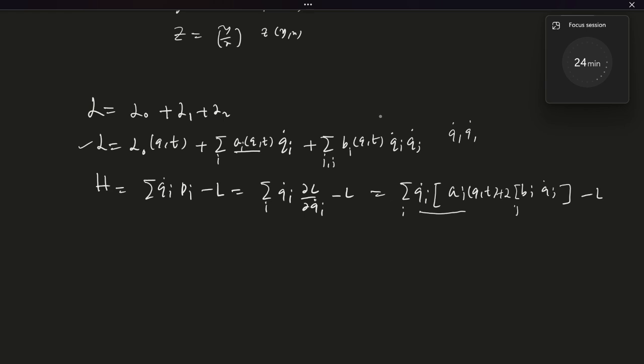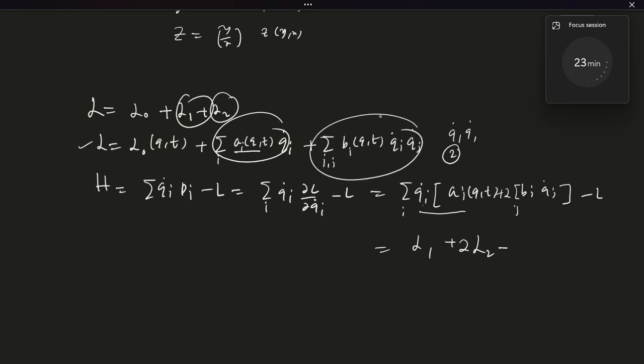If you differentiate with respect to q1 dot, you'll get two terms here, because this is q1 dot squared. So that becomes q1 dot a1, that is nothing but your L1, plus 2 times q1 dot q2 dot b1, that is your L2. 2 times L2 minus L0 minus L1 minus L2, so that will cancel out, and you eventually get L2 minus L0.